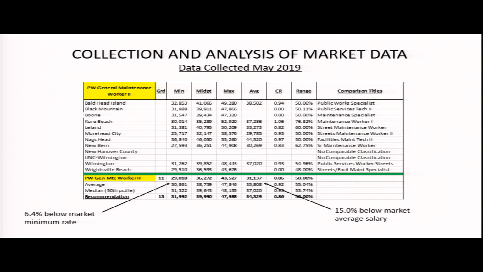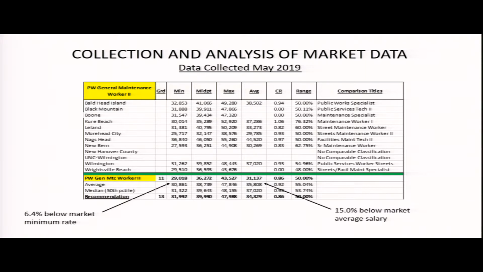And you can see what that range would be if that classification was moved from grade 11 to grade 13. If you were going to measure average and median, grade 13 is the pay grade that that particular classification should be assigned to.